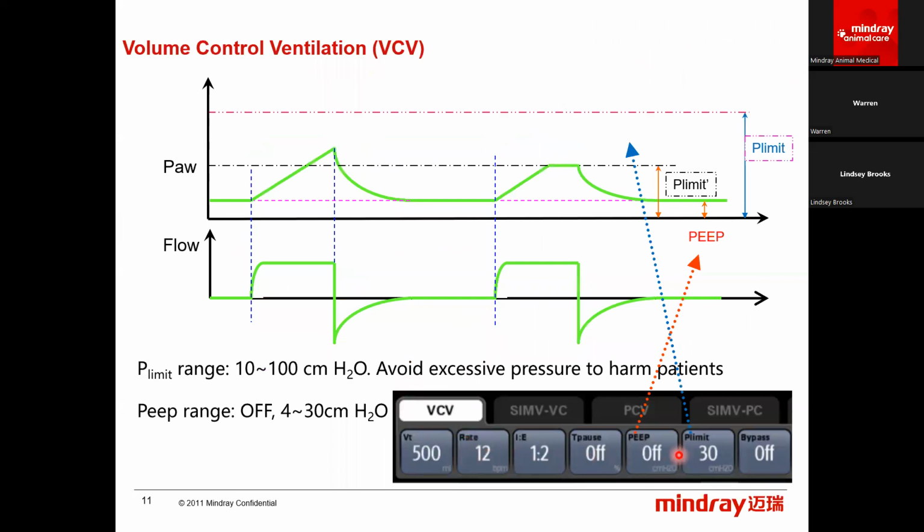So again, with VCV, you can set a pressure limit. As we have this constant flow, our airway pressure climbs and climbs, and we don't want it to get to an inappropriate level. So we can set our pressure limit, which is where the expiratory valve will automatically open up and release the airway pressure for your patient.